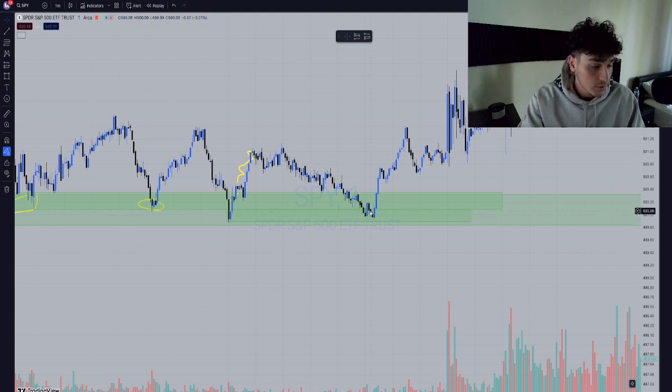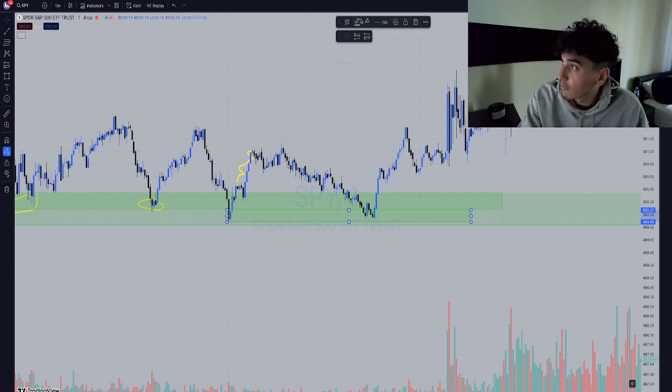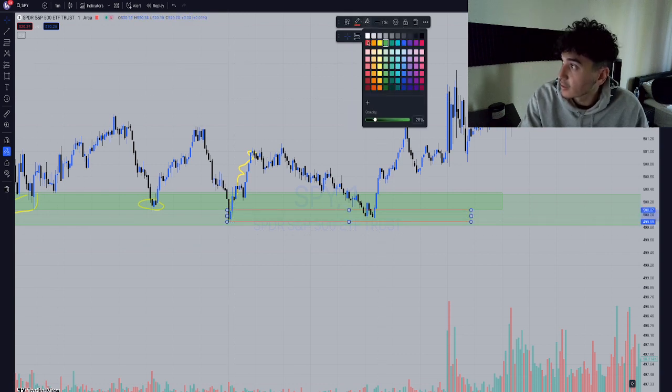Our 1 minute zone is obviously matched within our 5 and our 30 minute, but we typically want to use the 1 minute for our entries, right? We can still use the 5 and the 30 minute, but typically we want to use the 1 minute for our entries. And then our 5 and our 30 minute are more for expecting a reversal from that price area, if that makes sense. Let's go ahead and change the color of the 1 minute so you guys can see exactly what I mean.